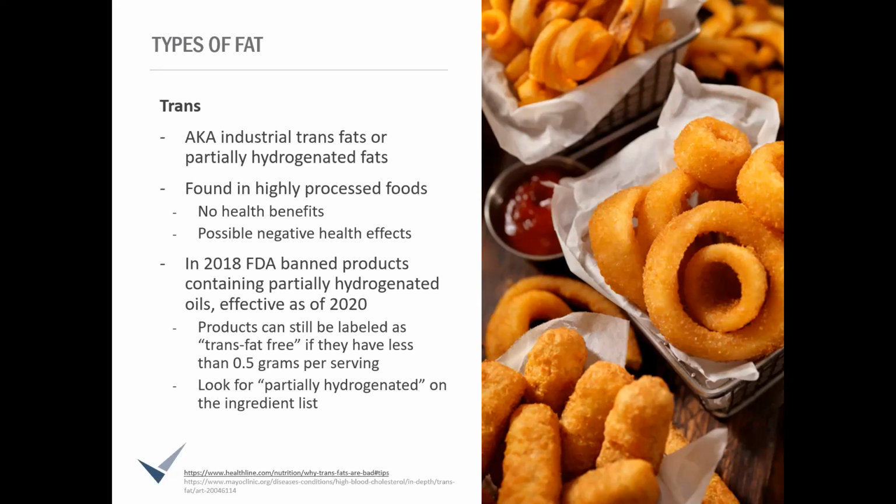It can cause issues with things like your blood vessels, and then studies have found possible links to certain cancers. So yeah, best just to stay away from these. And the great thing is that in 2018, the FDA in the United States, the Food and Drug Administration, passed a ban on the use of partially hydrogenated oils in most processed foods, which was effective.